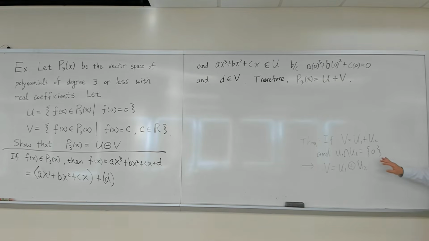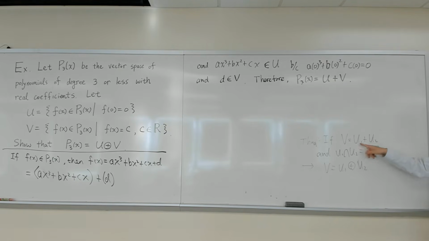So we want to make use of this because we just have two subspaces. Now, if you have three subspaces, then you don't have such a theorem, okay? You can think about what kind of theorem you might want to write for three things, U1 plus U2 plus U3.